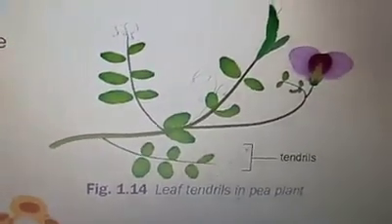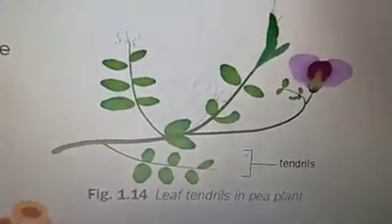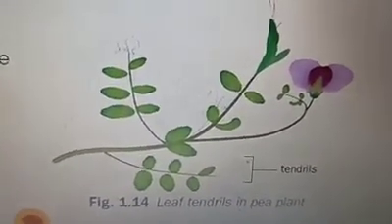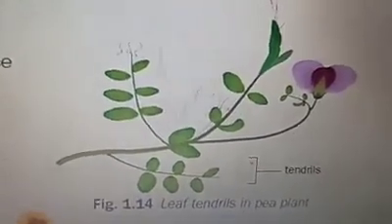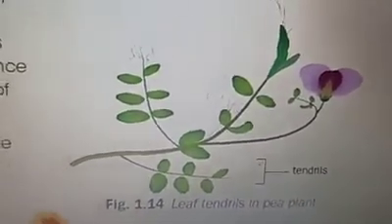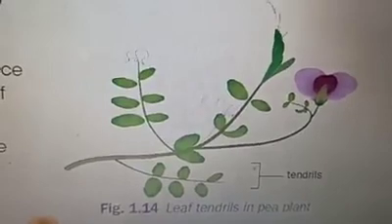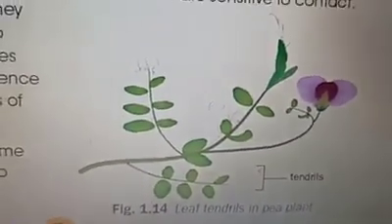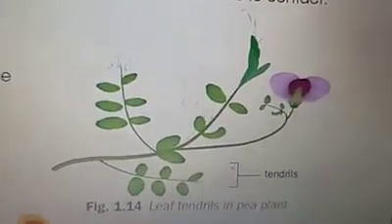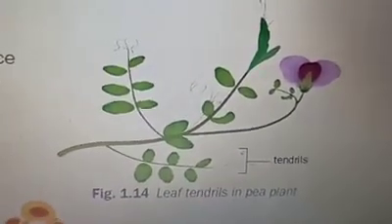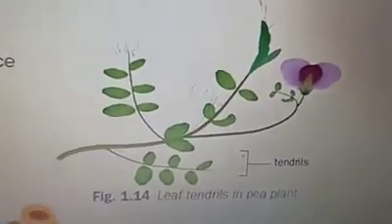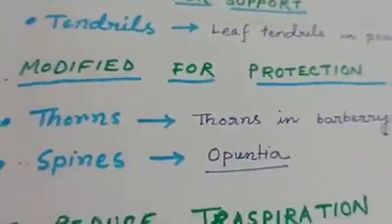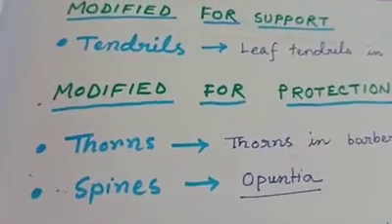Okay, students, by this tendril they get attached to their support, because these plants are climbers and they can't stand up by themselves. So this is one type of leaf modification, found as leaf tendrils in pea plant. And the next is modification for protection.